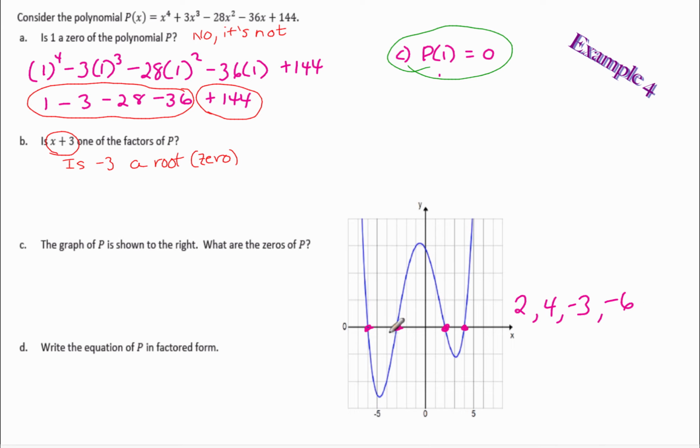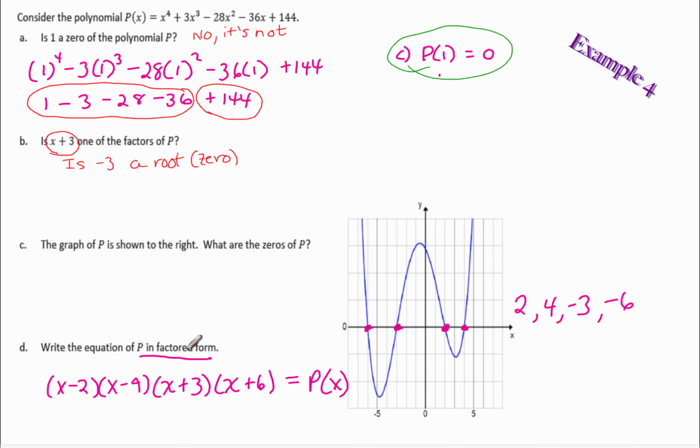So we can look at those roots very quickly and write the equation of this in factored form, because we know it's x minus 2, x minus 4, x plus 3, x plus 6 is the factored form of our lovely polynomial.